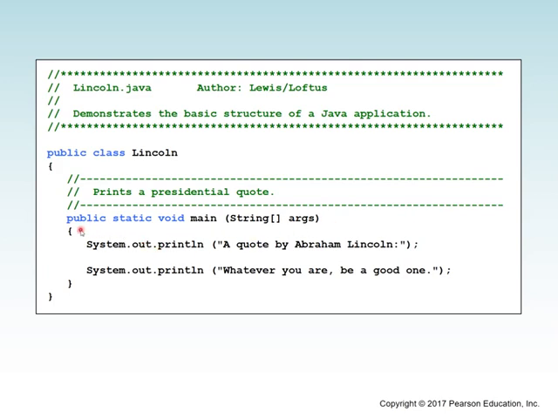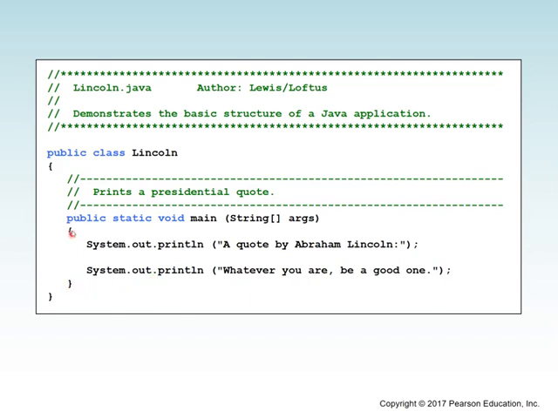We have another brace, and then we have some program statements: System.out.println, and then some brackets and a string in quotation marks, followed by a semicolon here, and then another line pretty much the same as the one above, System.out.println, and then another string that says whatever you are, be a good one, and another semicolon.